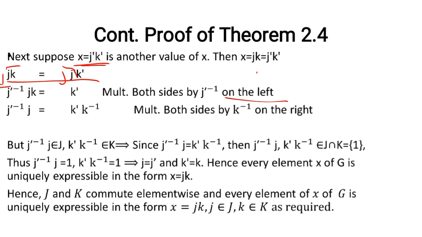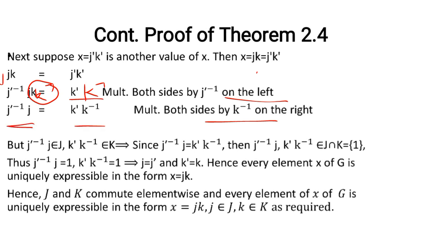So it remains here, but over here becomes identity. That's why we're having it here, and here becomes k prime. And again, if I multiply both sides by k inverse, this goes to identity, and this remains. That's how we have this.